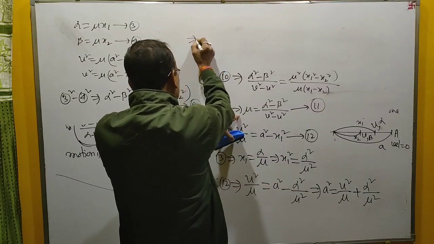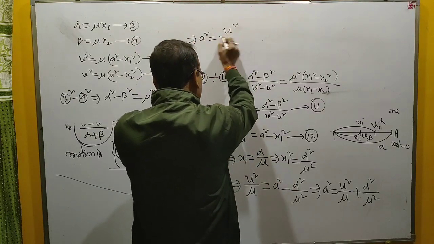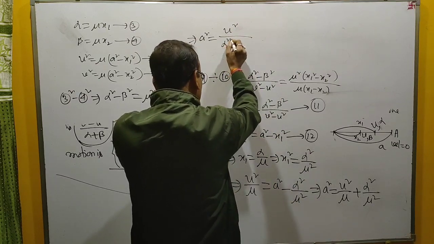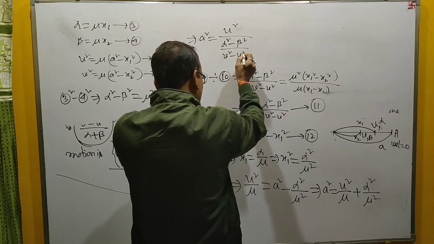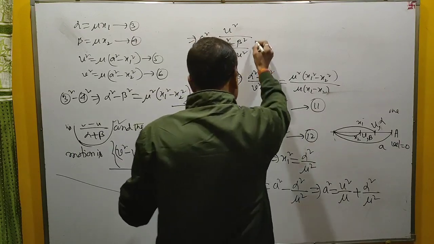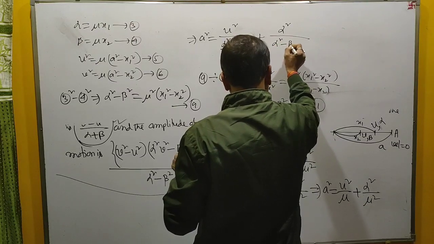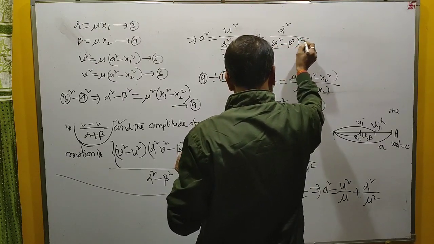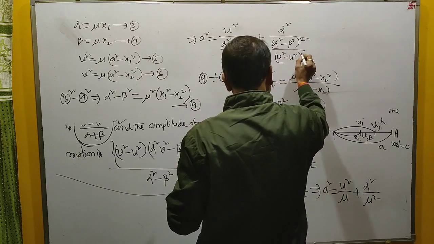This means a square equal to u square by mu, where mu is alpha square minus beta square divided by v square minus u square, plus alpha square into alpha square minus beta square whole square divided by v square minus u square whole square.